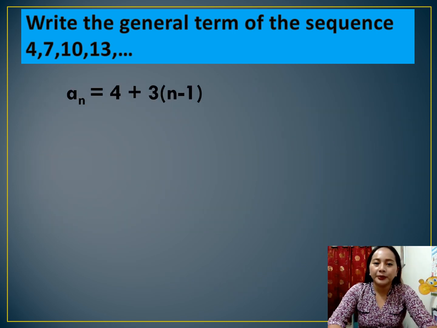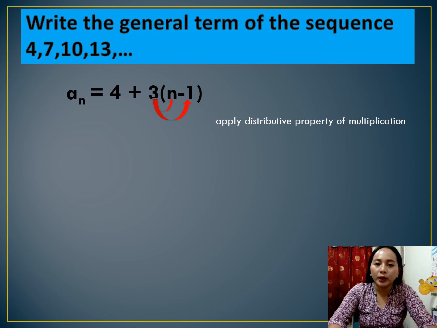And then, we are going to generate the general term of the sequence out from a sub n is equal to 4 added by 3 multiplied by n minus 1 by applying the distributive property of multiplication. That means you are going to multiply 3 by n and multiply 3 by negative 1.